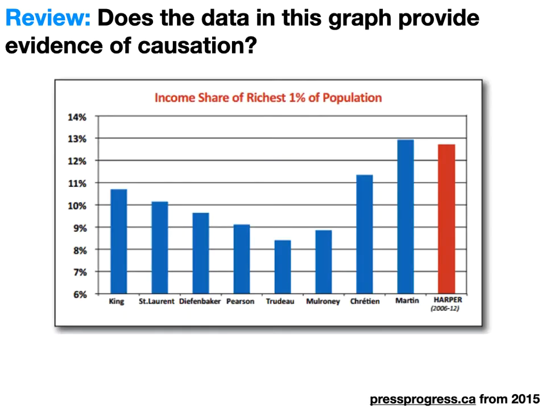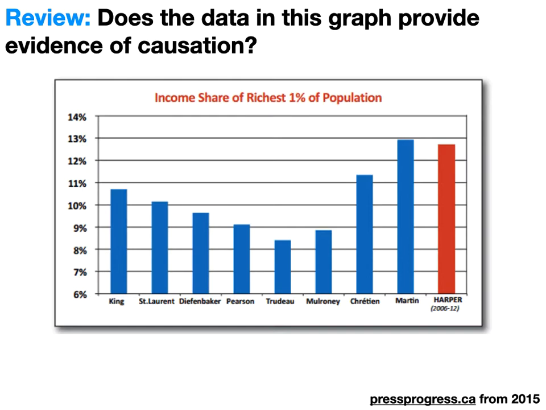Here's yet another example. This is data that was presented in the campaign before the 2015 election. And this is a graph showing a bunch of previous prime ministers of Canada. The Trudeau on there is Justin Trudeau's father, Pierre Trudeau. Justin Trudeau hadn't been prime minister yet when this graph was made, and then Stephen Harper was the most recent prime minister there.